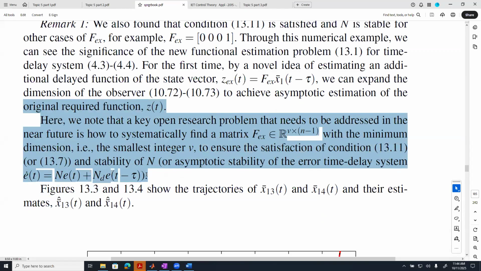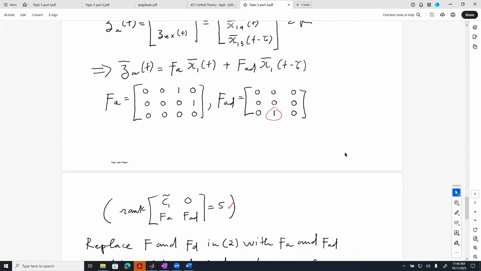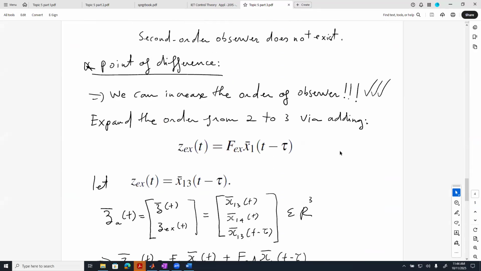What we have demonstrated so far is that with this extra degree of freedom, we can expand the dimension of the observer. Remember, it's going from 2 to 3 now.